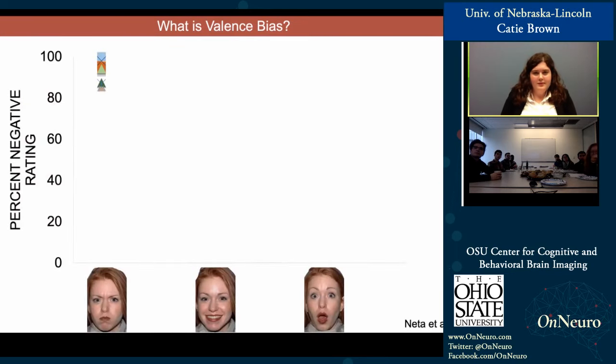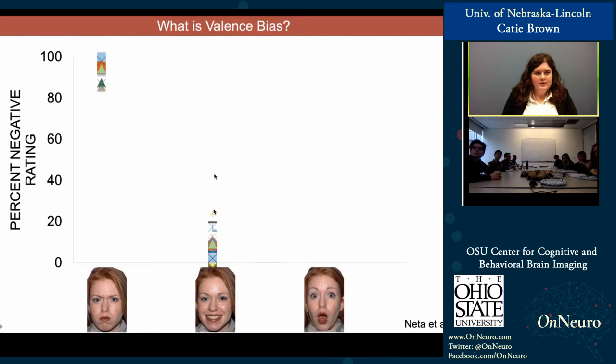So in our task, participants rate many faces as positive or negative, and we calculate the percentage of trials that they rate as negative. In this figure, each marker is one person's average across all trials. For anger, you see that everybody on average pretty much says that anger is almost 100% negative.